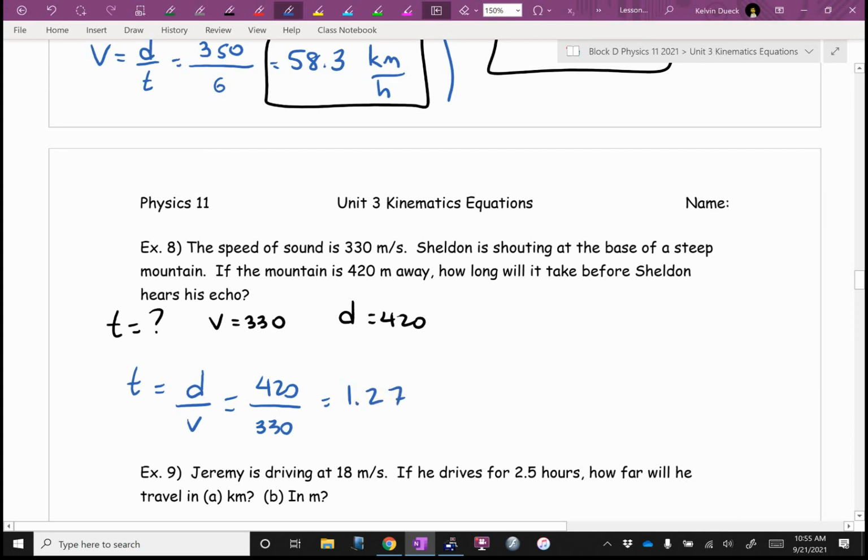Why is that wrong? It is wrong, and there's a candy if you can tell me why it must be wrong. Even if I put seconds there, it's still wrong. Why is this wrong? For an echo.